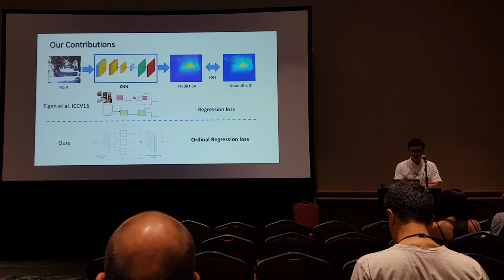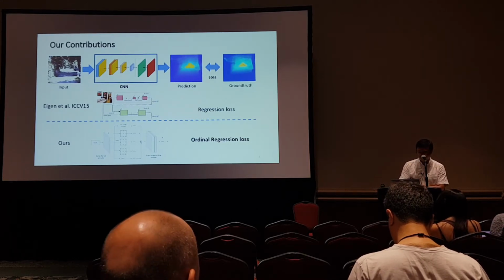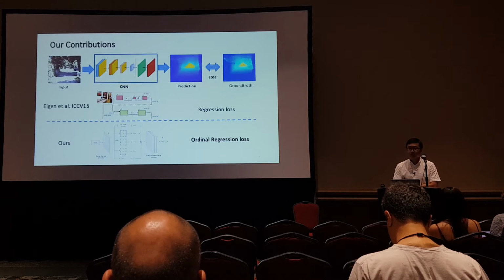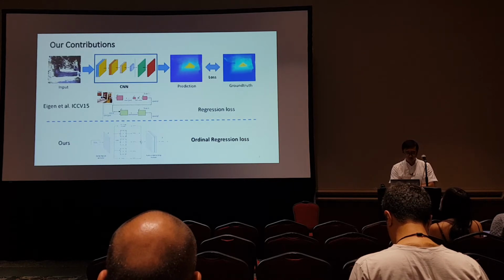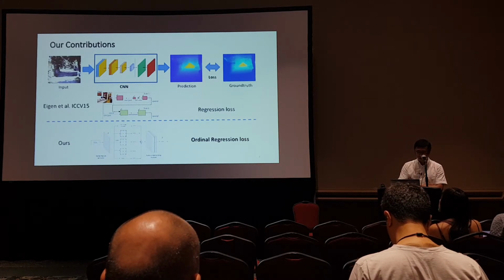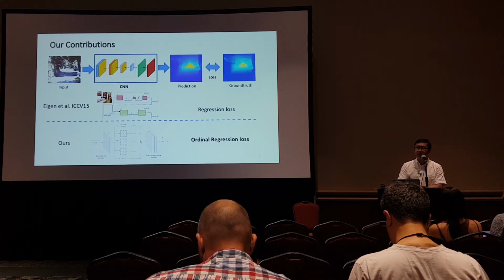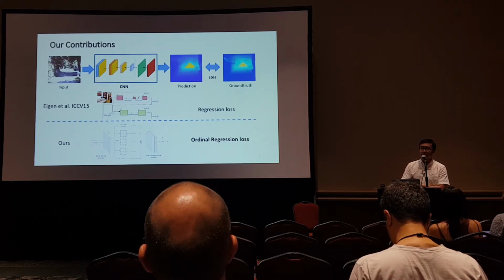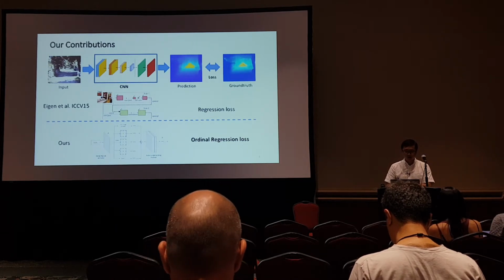Another thing is that previous works on neural networks rely on progressive refinement of a coarse prediction to the final prediction. On the other hand, we just train a neural network to output high-resolution depth maps by aggregating multi-scale features. I will explain these two parts one by one.